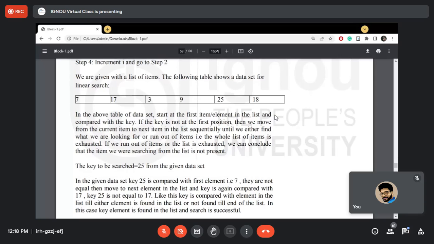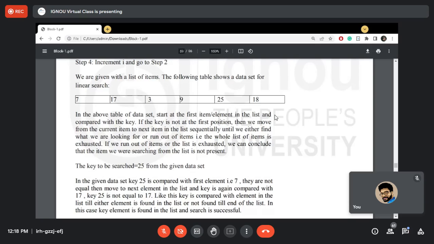We have to check the search element from location 0 to n minus 1. So you search for the key 25 and compare it with the first element, that is 7. They are not equal, so move to the next element in the list.